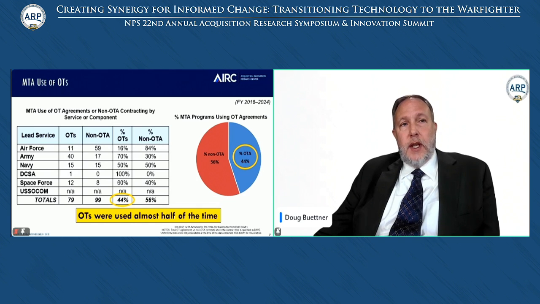But then you see the Army actually favored OT, so there was a little bit of a split there, with obviously the differences between the Air Force and the Army use causing that bias towards the non-OTAs. Next slide, please.